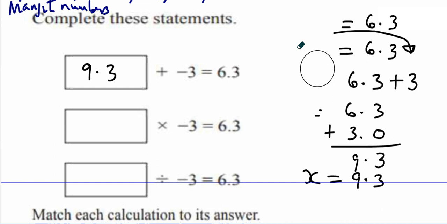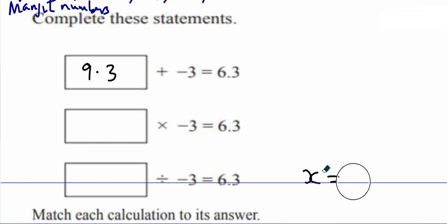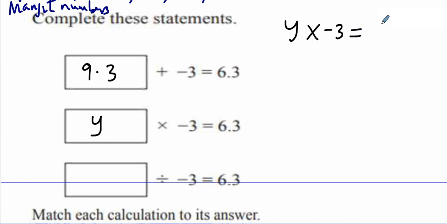Okay, let us see the next question. You can pause the video and try to do other questions. Like I said before, the missing number, you treat it as a letter. So the equation becomes y, which is the missing number, times -3 equals 6.3. So what is y times -3?